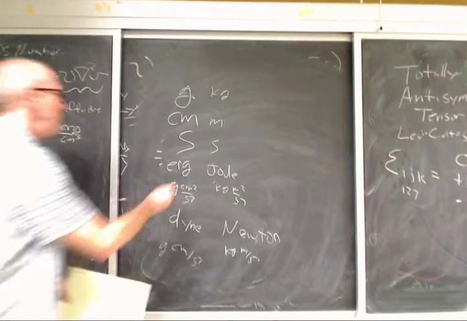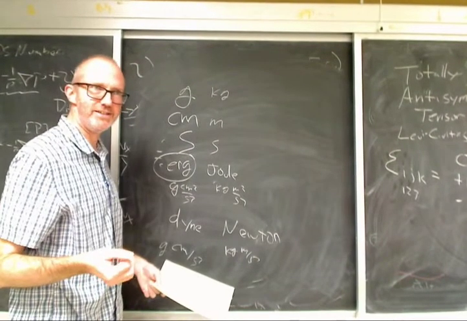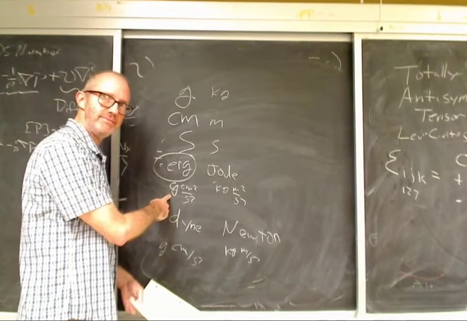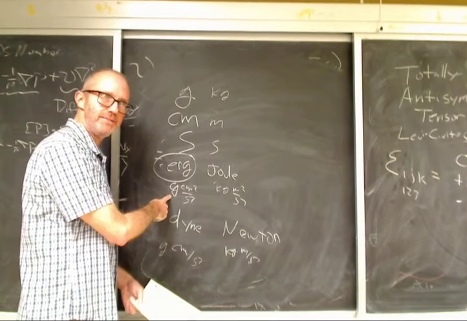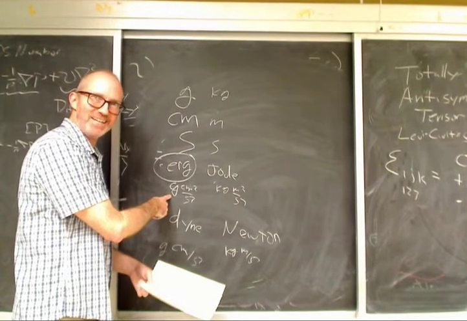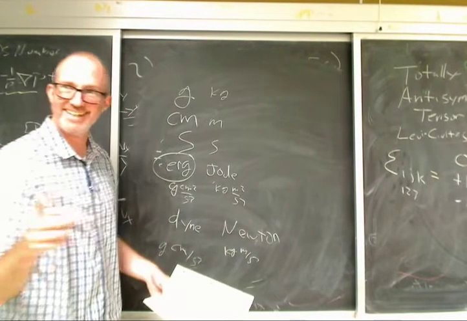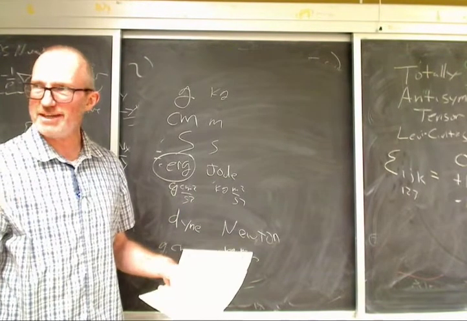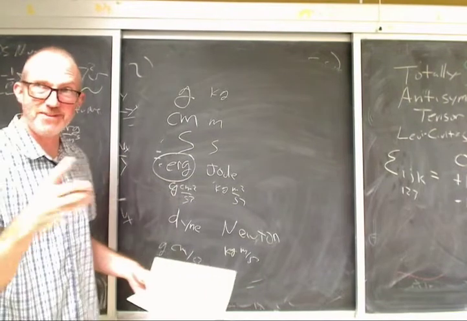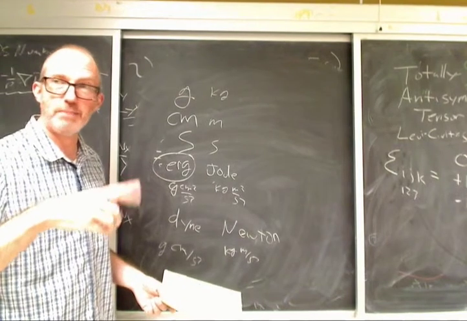So how big is an erg, like energy-wise? How much energy is there? Well, it's a gram. How much is a gram? It's like a paperclip, right? How much is a centimeter per second? I get a lot of mileage out of that one. It's not very fast, right? So an erg is like an ant doing a push-up.